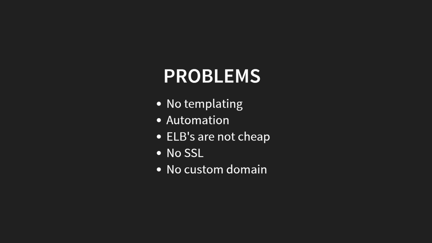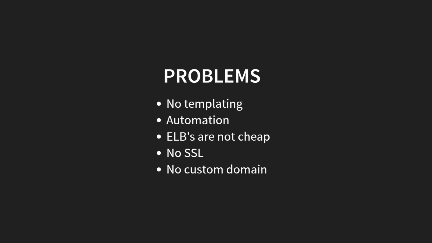There are a couple of problems with this deployment. First of all, we've hard-coded everything in our YAML files. There's no way to template a YAML file without doing some sort of command-line bash interpolation and regex replace. We also haven't automated any of this.